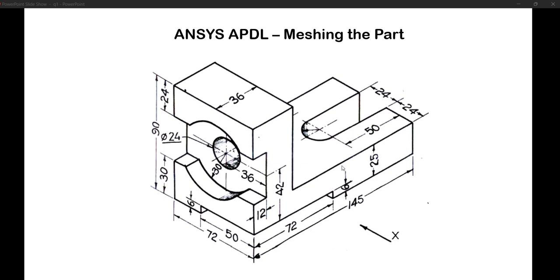Otherwise, you can directly model in ANSYS APDL also. So I have already made the model in the Parasolid format and saved. The model has been done using SolidWorks and saved as Parasolid, and it is available. So directly I am going to do the meshing of this part.